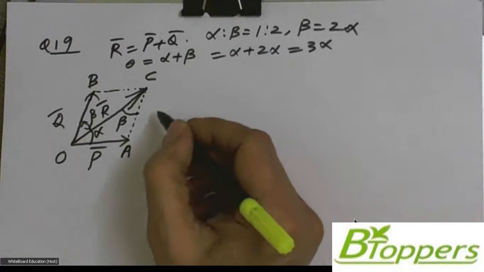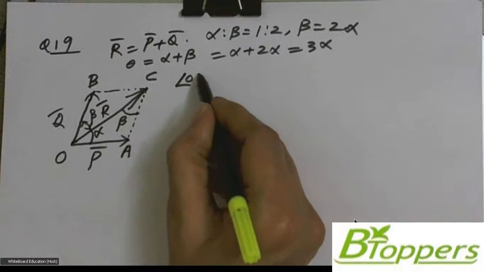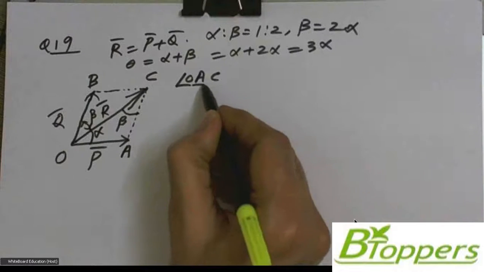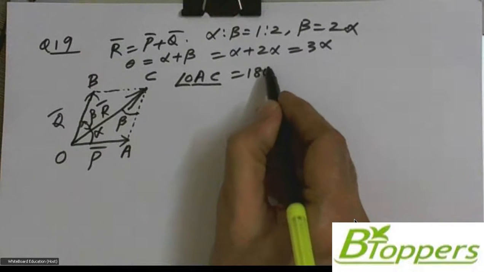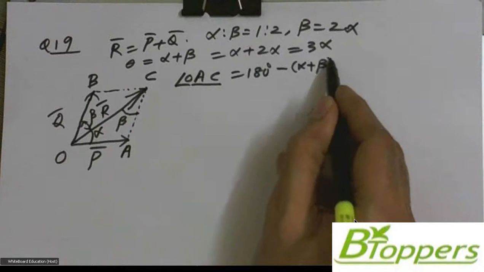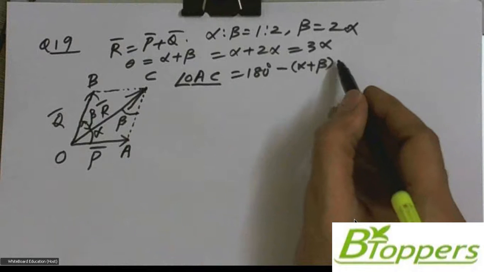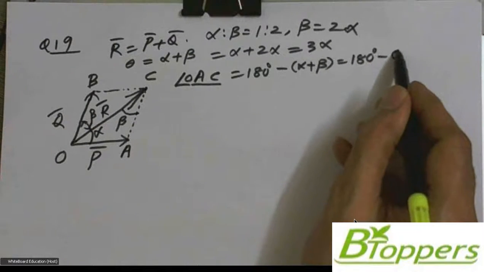So, in the triangle OAC, angle OAC will be equal to 180 degrees minus (alpha plus beta), or 180 degrees minus theta.